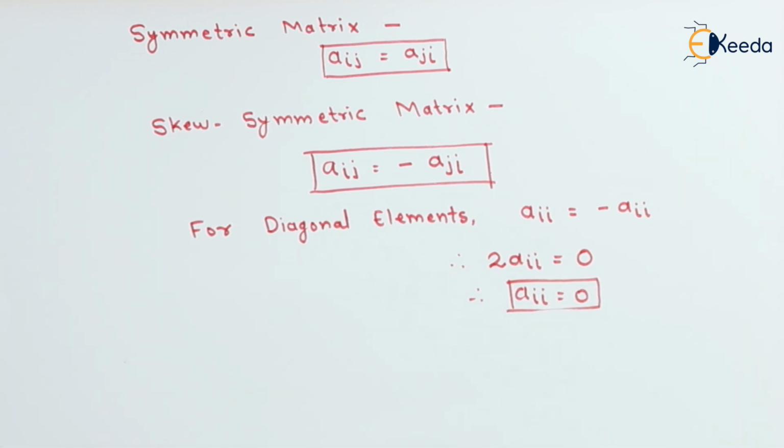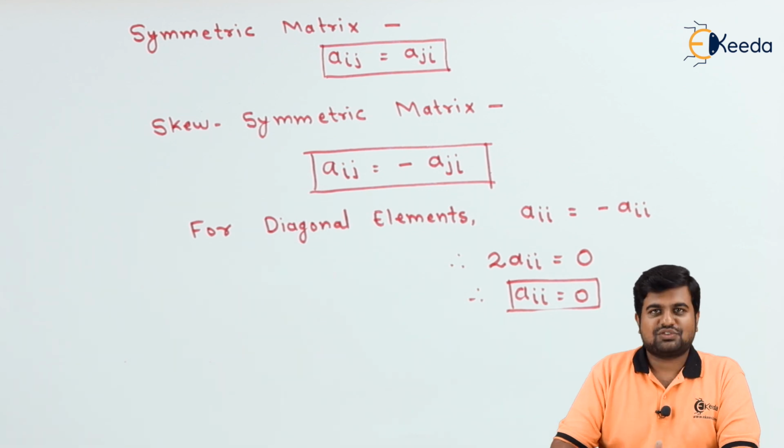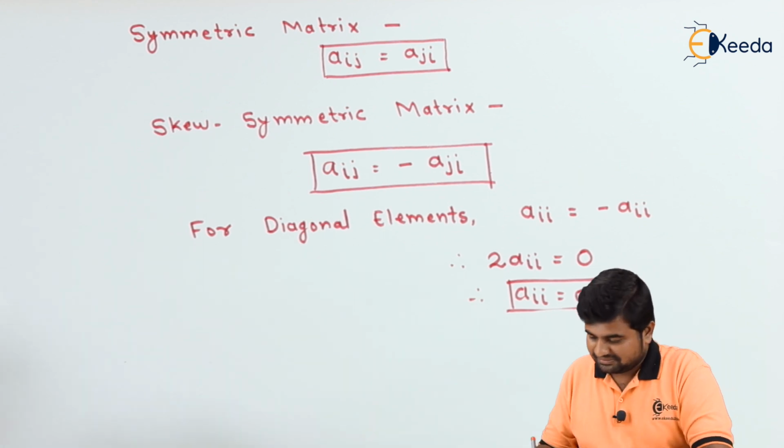This means Aii is equal to 0 throughout for skew symmetric matrix. That means element A11, element A22 and element A33 are going to be 0. So friends, do remember this thing: in any skew symmetric matrix, all the diagonal elements are 0. Let us start understanding this by taking a one by one matrix.